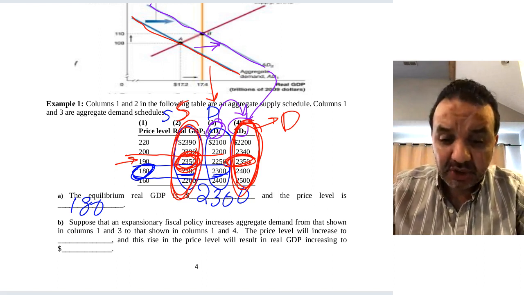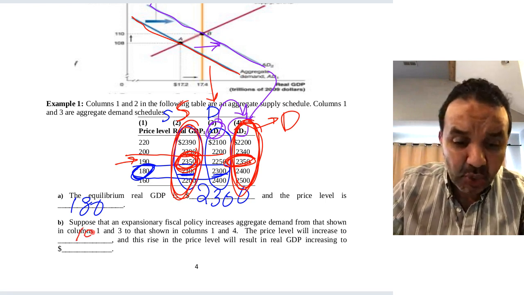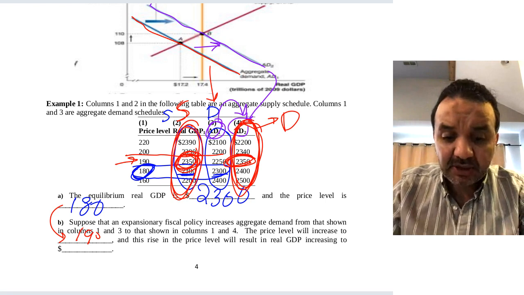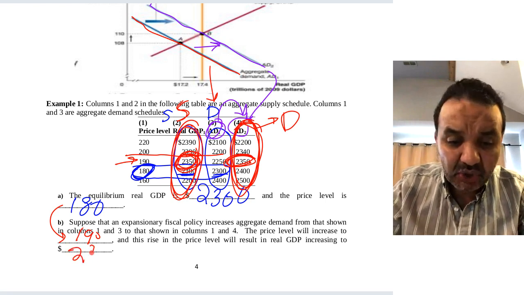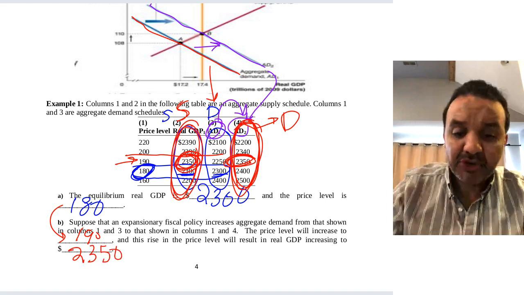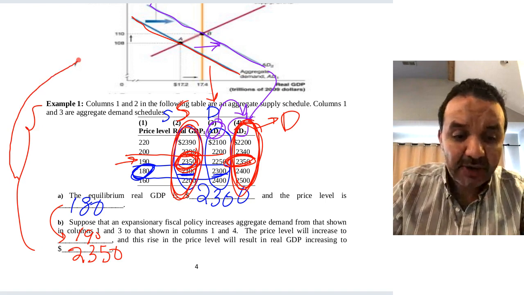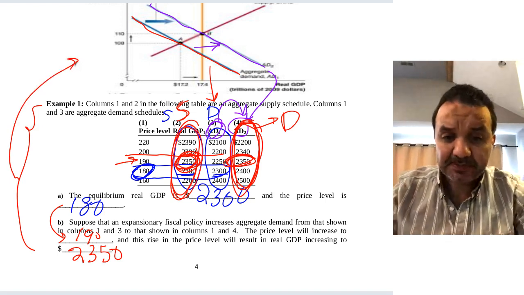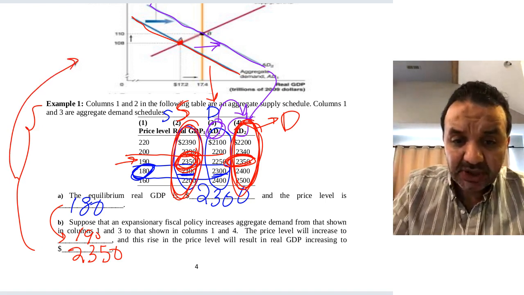So the price level will increase to 190 from 180, and this rise in the price level will result in the GDP increasing to 2350. You can see the graphical representation of this question on this graph. This is the first equilibrium point.